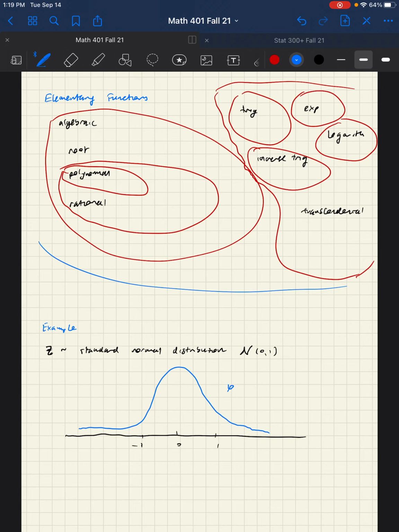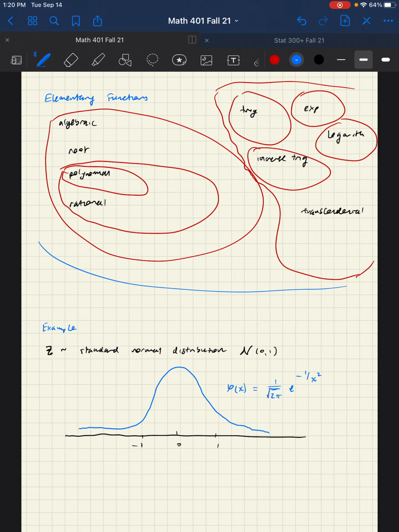So what this curve is, which we're going to call lowercase phi of x, is 1 over the square root of 2 pi, e to the negative x squared over 2.